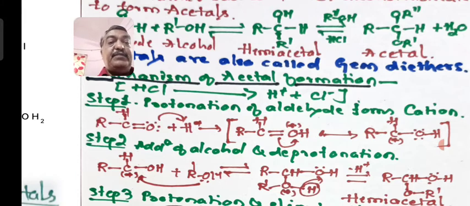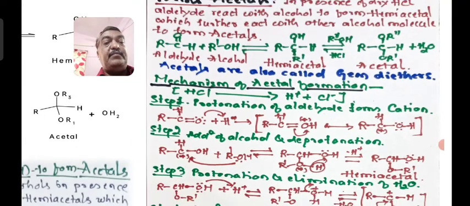In the second step it reacts with the alcohol, where the lone pair of electrons on oxygen form RCHOH OR dash H. In the last step, the proton is eliminated from the second molecule attached to the alcohol to give your hemiacetal. So this is the mechanism proposed.